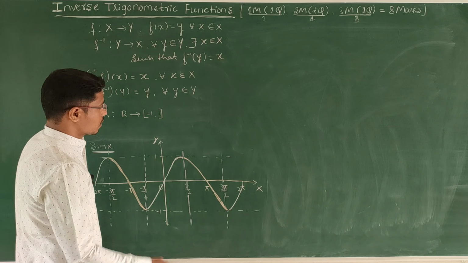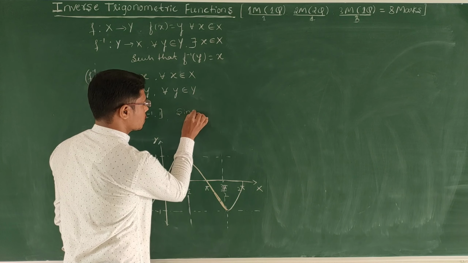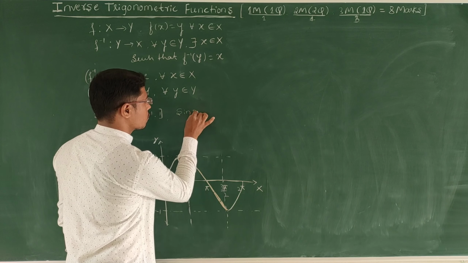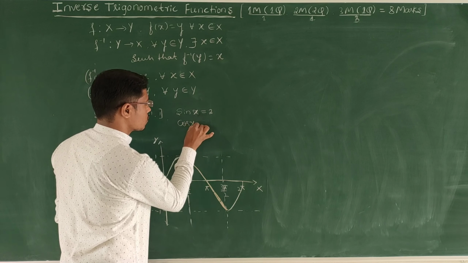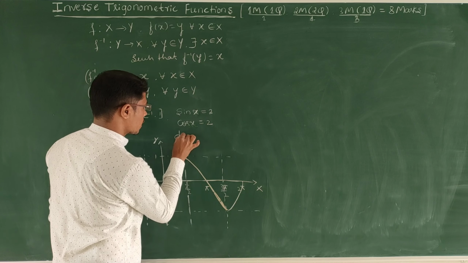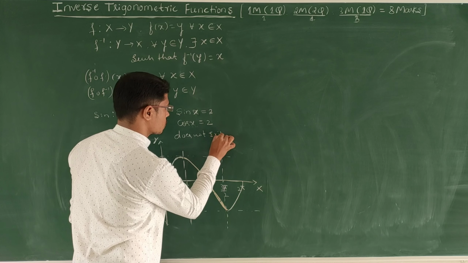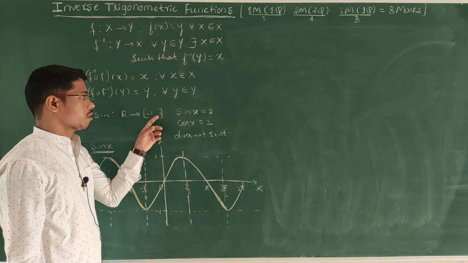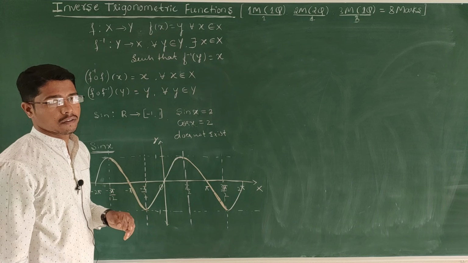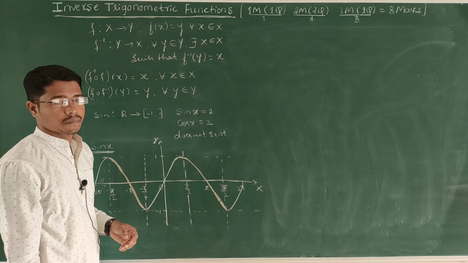Now sine x equal to 2 or cos x equal to 2 does not exist, because the maximum value of sine and cos is 1 only, therefore these do not exist.